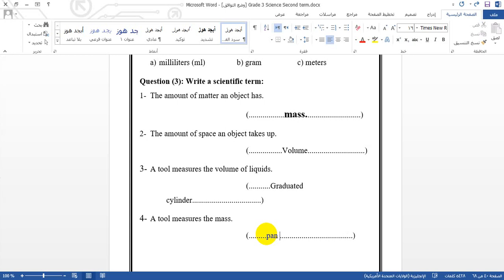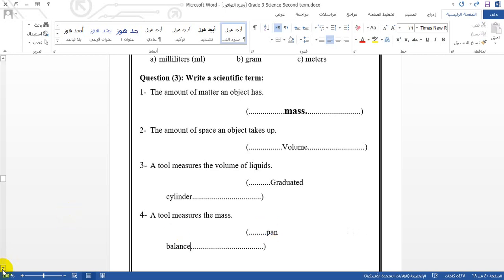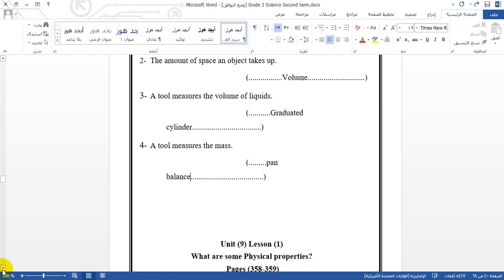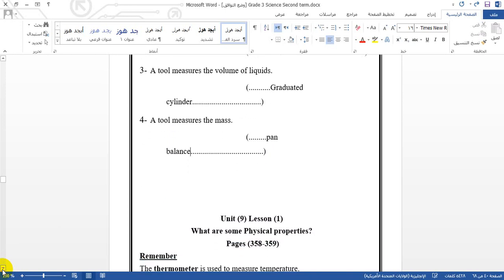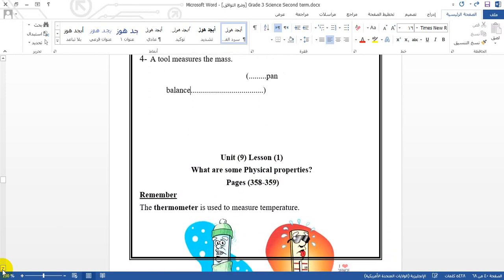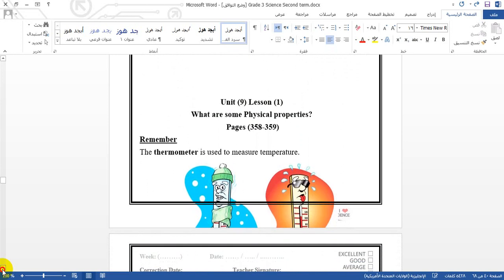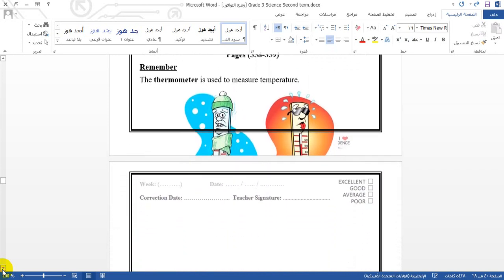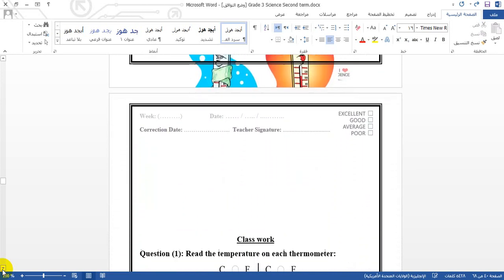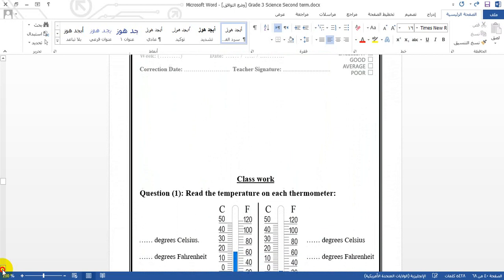I told you, the band balance is the useful one for measuring the mass of an object. Let's go now to page 38. I think we solved it, guys. Do you remember that? But I will revise it with you in case you understand everything.